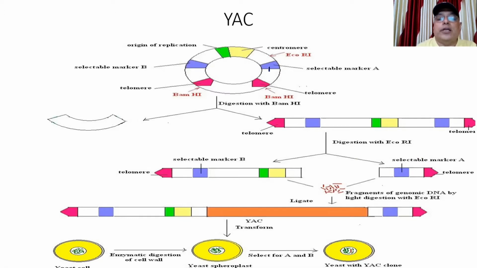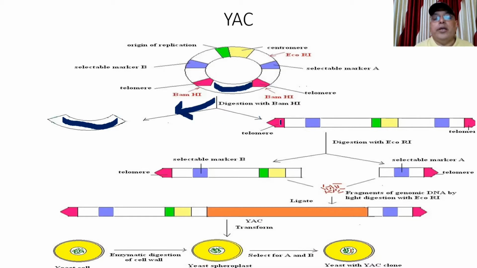And here you have got a selectable marker, by which we can identify the transformed cells, that is, the cells having this artificial chromosome. And here you have got telomeres at the two ends, and here you have got the BamHI site. So this BamHI susceptible sequence is eliminated, so it has been digested out.